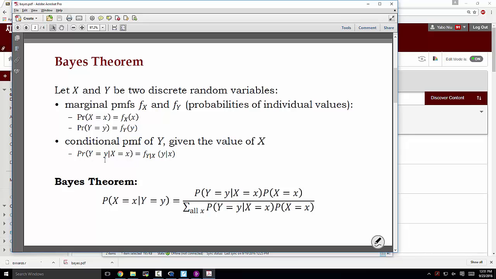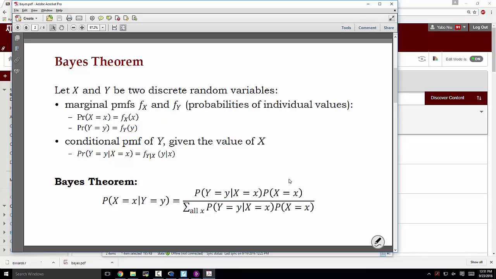And this is the probability that once we have already observed x take a particular value, what is the distribution for y? Conditional on x, what's the distribution of y? And then Bayes' theorem works with those conditional probabilities.